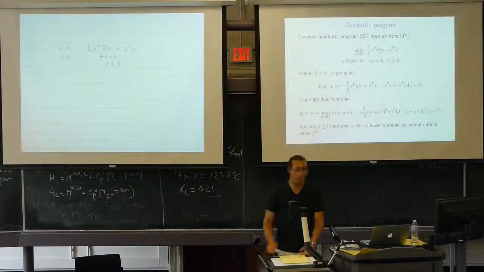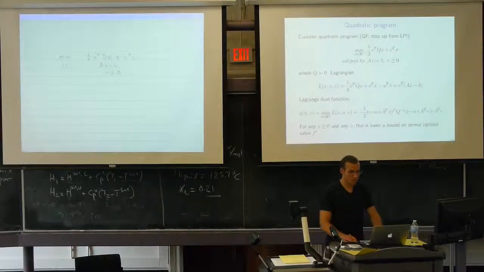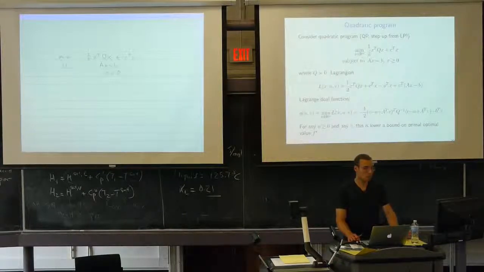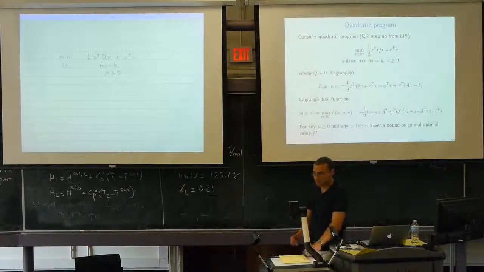So I guess the words quadratic program, now that I'm saying them out loud, are probably something that you are not totally familiar with because we have not introduced that yet. But a QP is just a linear program where we make the objective quadratic. It's the only difference. And we'll talk about them in some detail. Barnabas will cover them in a bit. It's a step up from an LP.